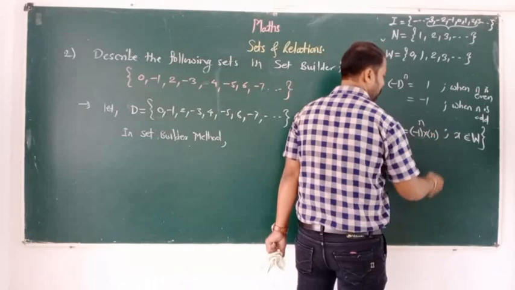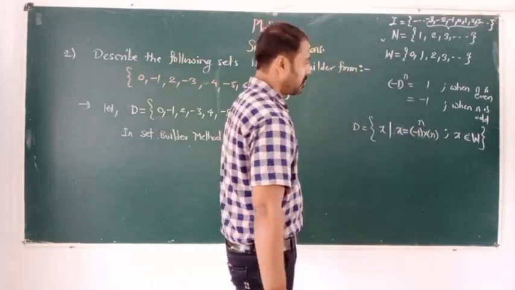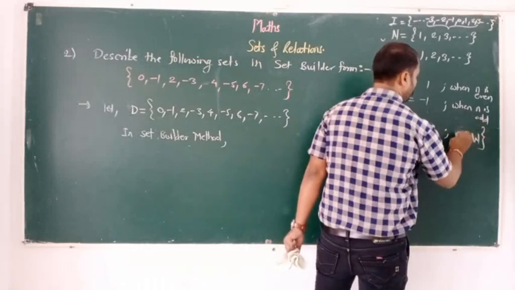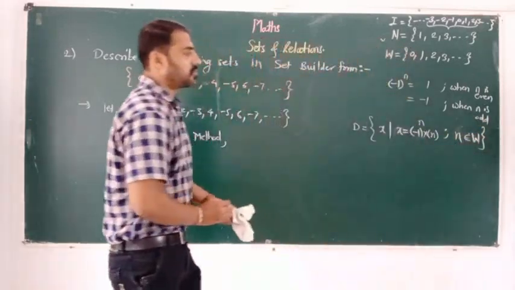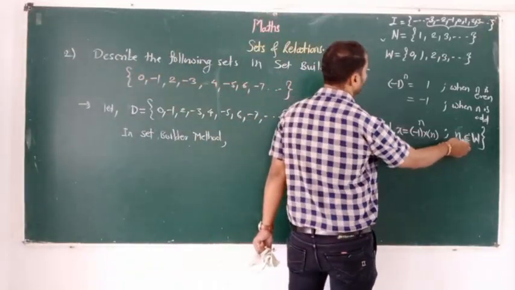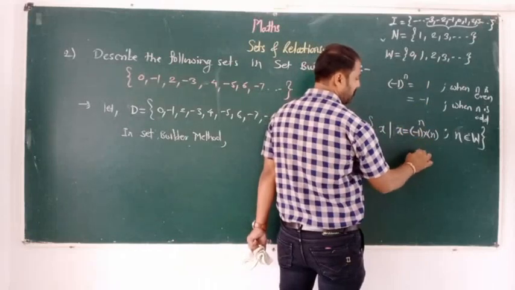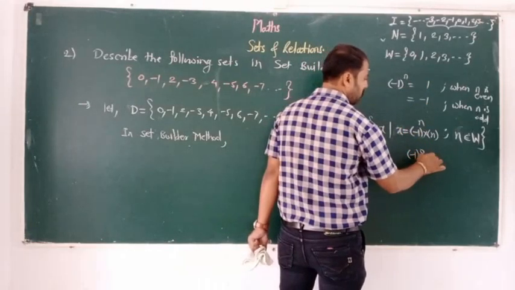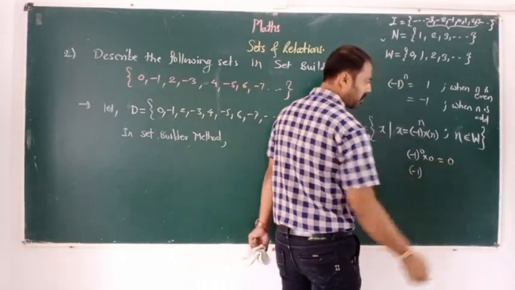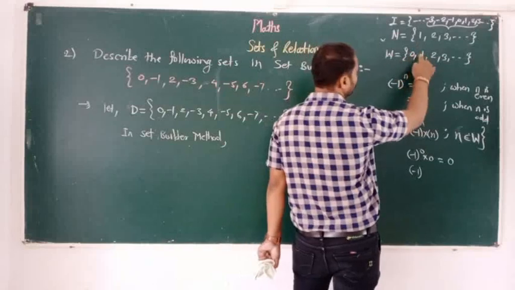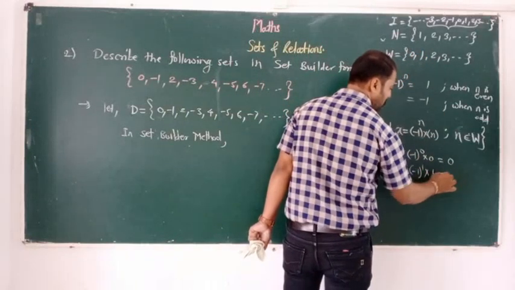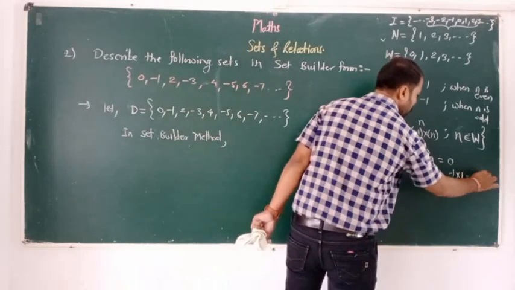And I am writing n belongs to W, not x belongs to W. If we take the first whole number, that is 0, it's minus 1 raised to 0 into 0, which becomes 0. For the second whole number, 1, minus 1 raised to 1 into 1 is equal to minus 1.